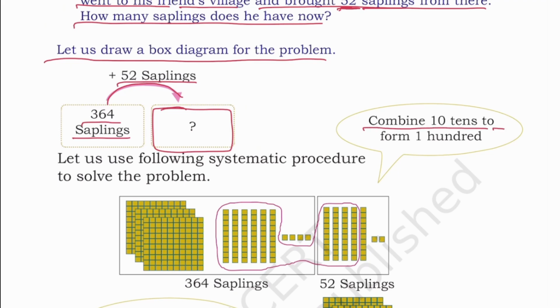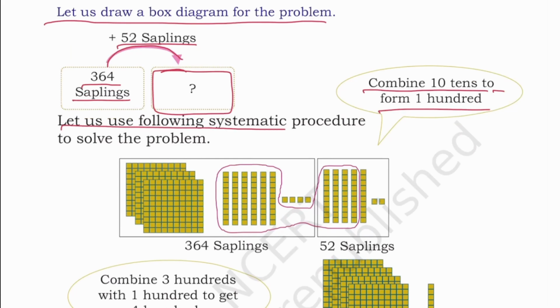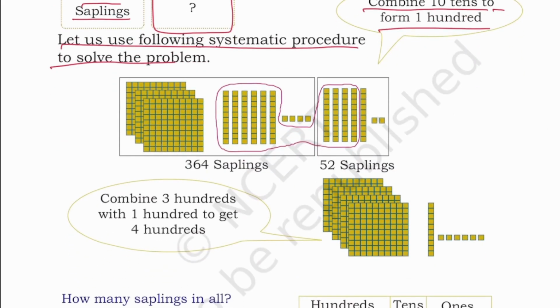Combine tens to form 100. Let us use the following systematic procedure to solve the problem. 300 means 300, 64 means 60 and 4. When added to 52, that is 50 and 2.